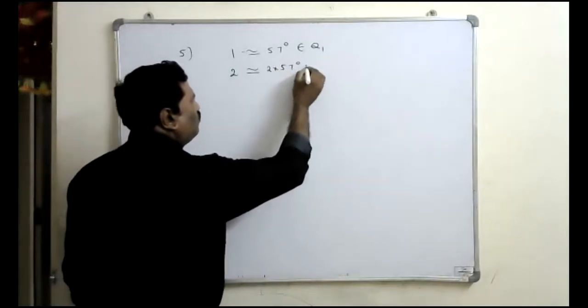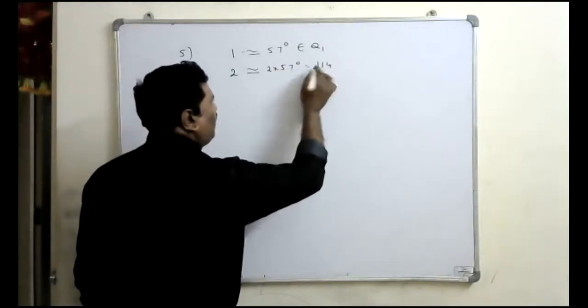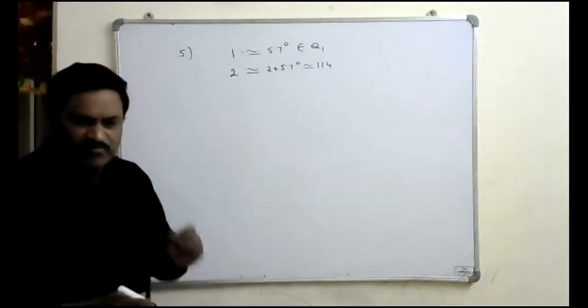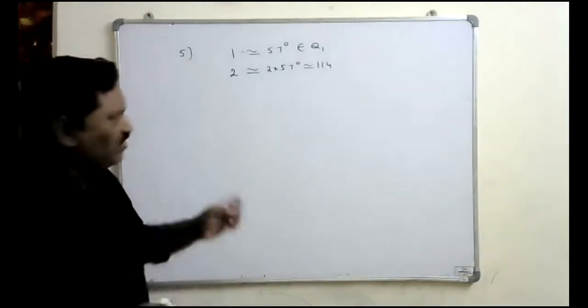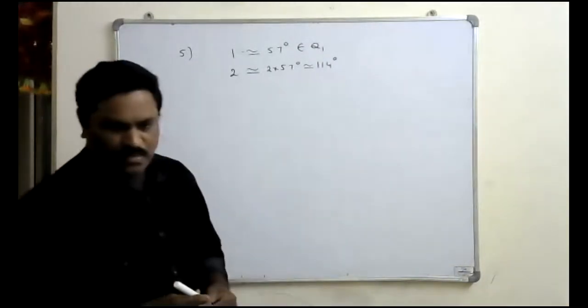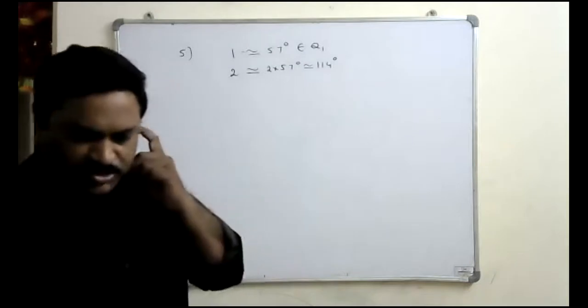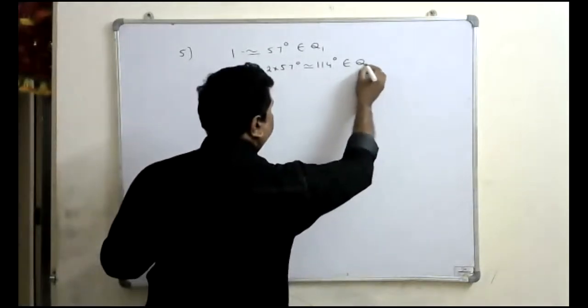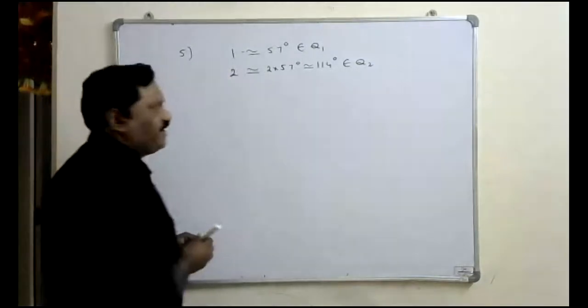So that is approximately 114 degree. So 114 degree lies in which quadrant? Second quadrant. This lies in the second quadrant.